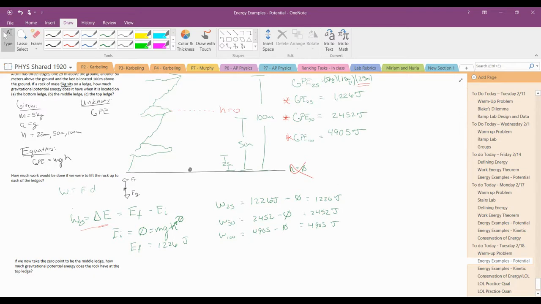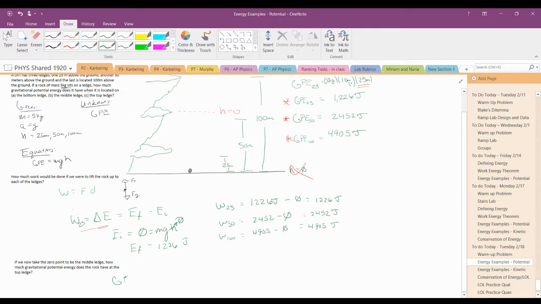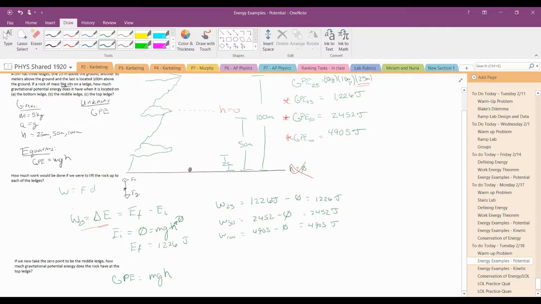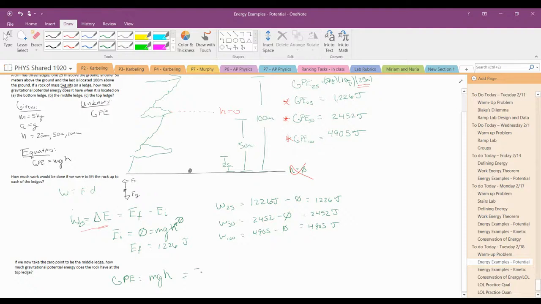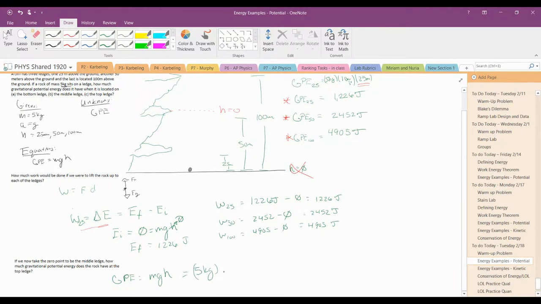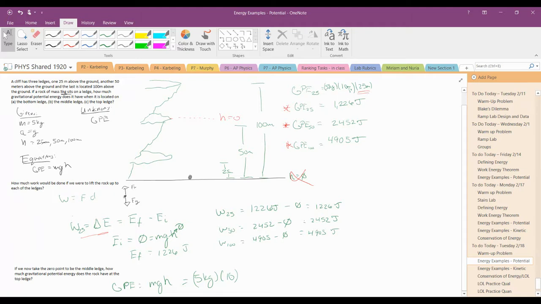Okay. Well, once again, the gravitational potential energy is just mg times h. And we have a 5 kilogram rock. With gravity is 9.81. We'll just say about 10. And then we have our h value. Well, what's our h? If the middle is h equals 0 now, to get to the top, we only have to traverse 50 meters.